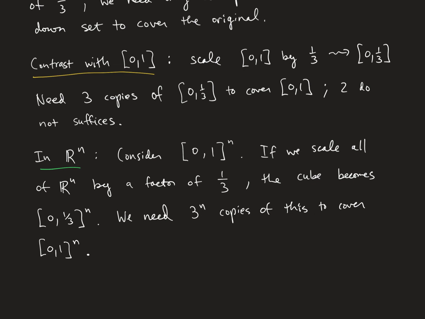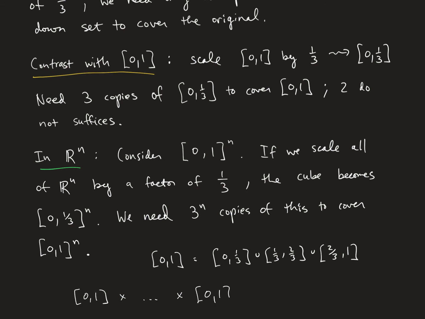Right, because 0, 1 is 0, 1/3 union 1/3, 2/3 union 2/3, 1. And to locate a point in 0, 1 to the n, you have to say where you are in each one of these intervals, and so that involves 3 choices for each interval. So for each interval I make one of 3 choices, and I have to do that n times.